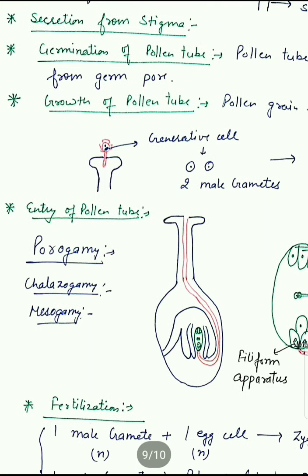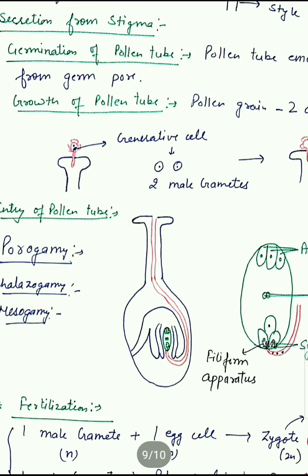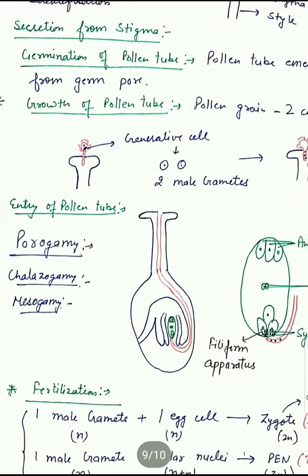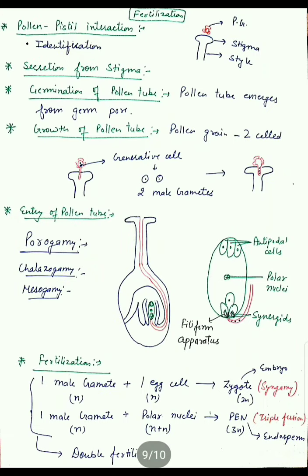When it enters through the chalazal end, directly into the embryo sac, it is known as chalazogamy. Mesogamy is when the pollen tube enters through the integuments, like from this side, and this is known as mesogamy. But in most angiosperms, the pollen tube enters through the micropylar end, so porogamy is the most common.